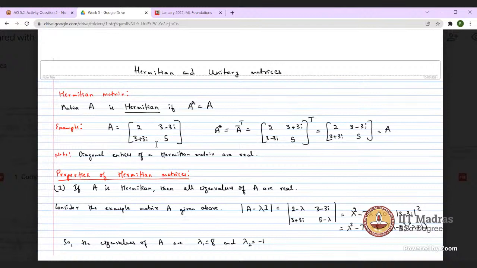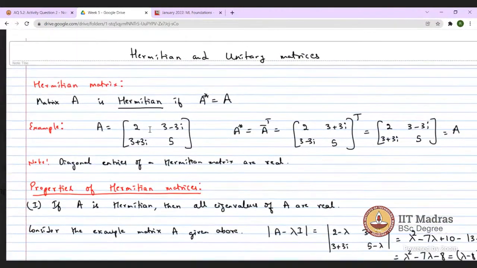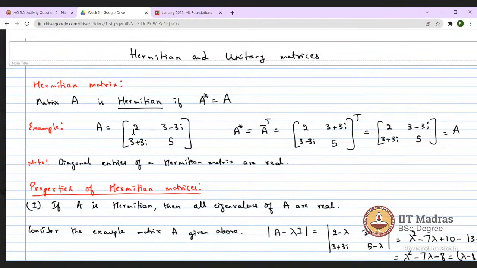To find a Hermitian matrix, it is kind of simple. The only thing is, if you see here, these 2 and 5, the diagonal elements, even if you transpose it, their positions will not change. So what should happen is, for the diagonal elements, the conjugate should be itself.